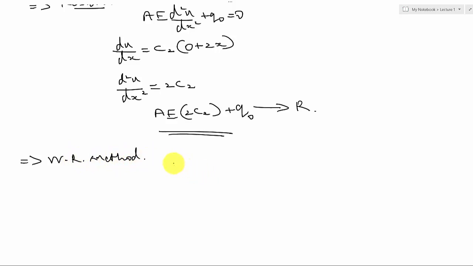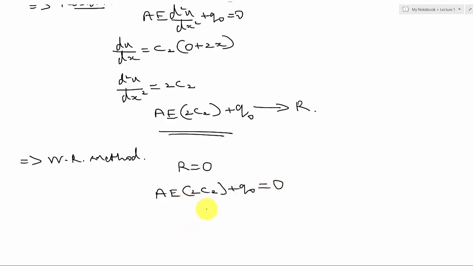So as I told earlier, in the problem I am going to use the first method, that is point collocation method, and according to point collocation method the residual is equal to 0. So here this is going to be my residual, so it is AE 2c2 plus q naught is equal to 0.